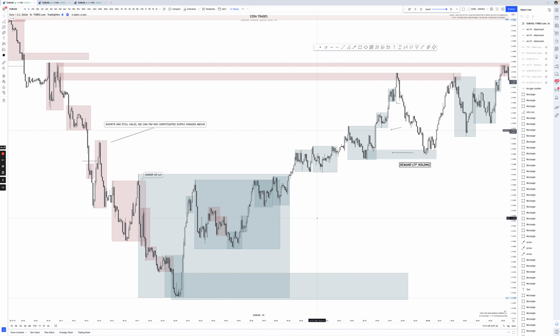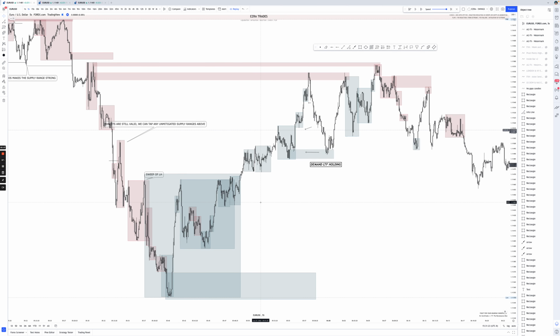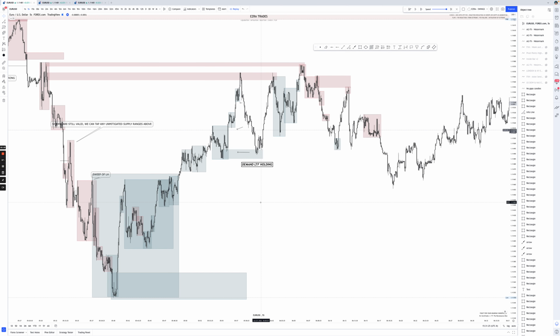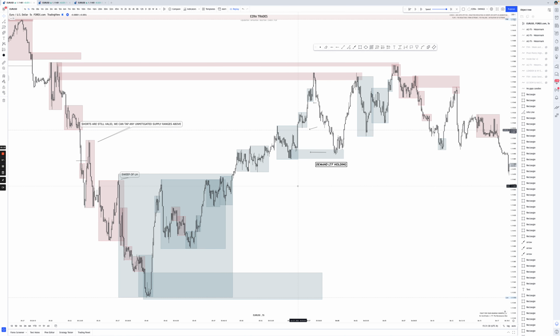Because there's no need for price to violate a range that took billions of dollars to create, simply because we need this to further support the move to the upside, and we need this to serve as liquidity on the downside when we shift back lower, right? When price comes back lower, we're going to take out all these levels anyway. So there's no need to violate them now.